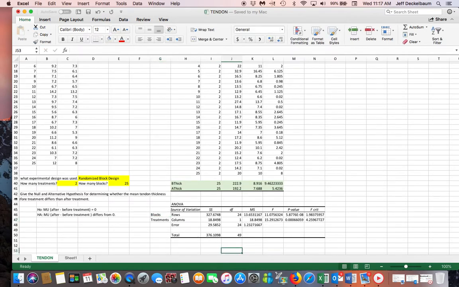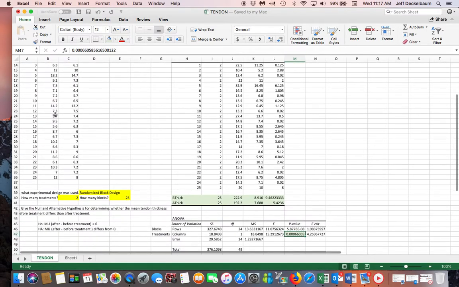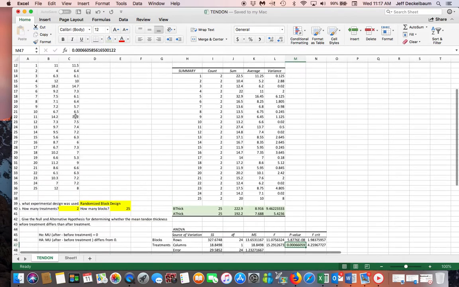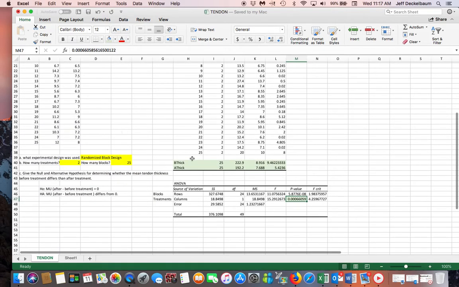And in order to determine if we reject or don't reject the null hypothesis, we come over to this p-value right here that's associated with the treatments, for that is what we're trying to understand. Is there a statistically significant difference at an alpha of 0.05?